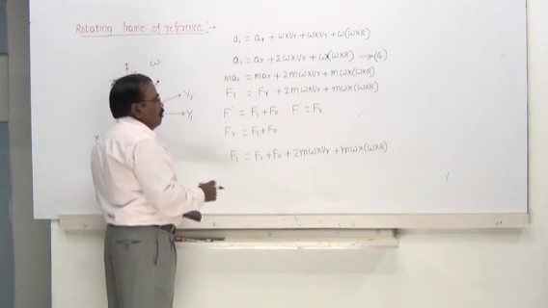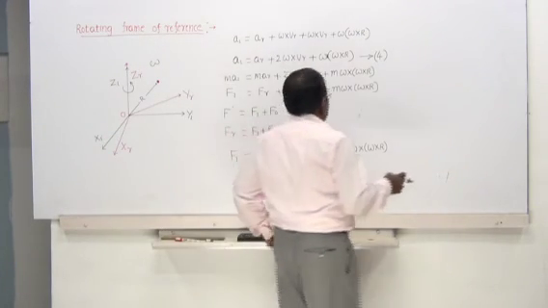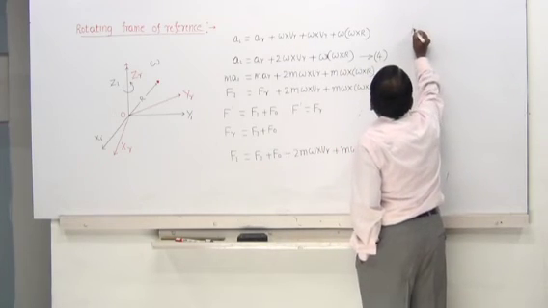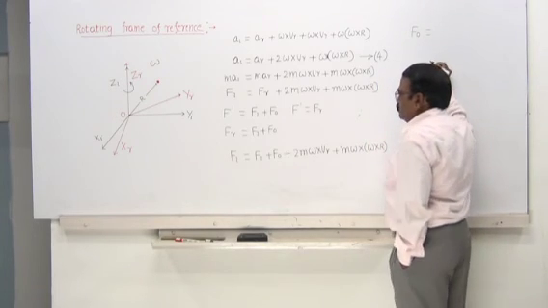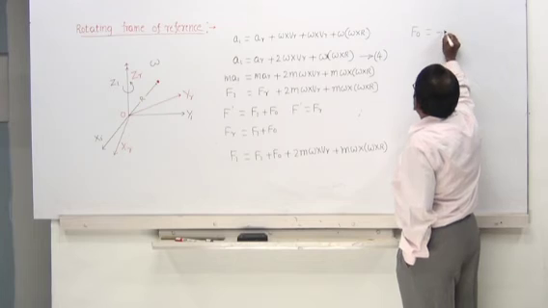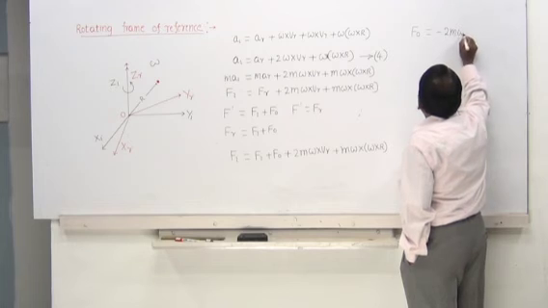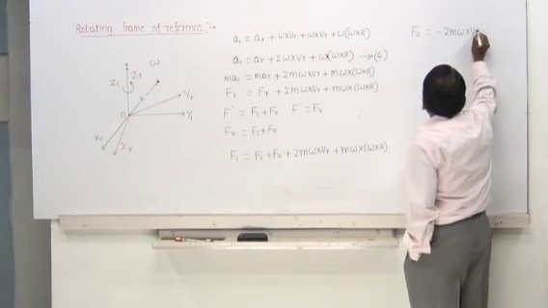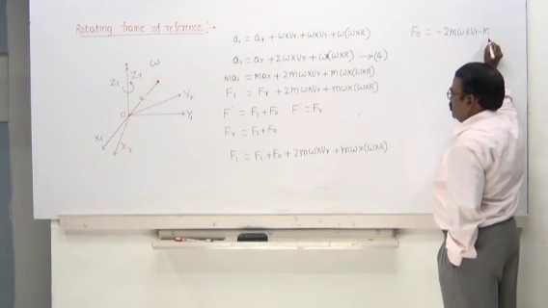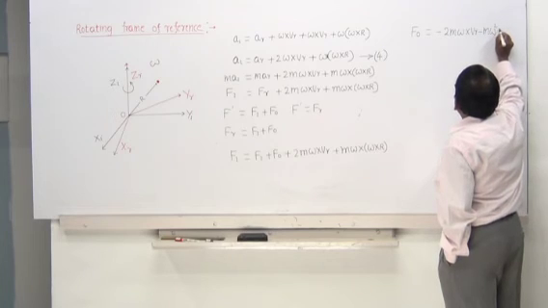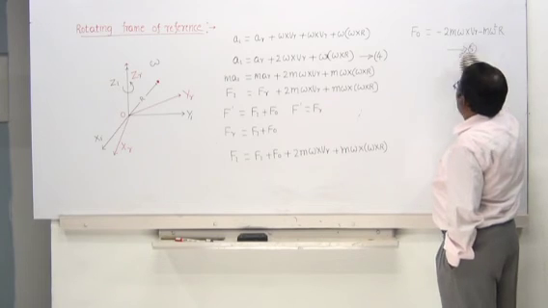Then you know this Fi cancels. Then what remains? Fo, the fictitious force, is equal to minus 2m omega into Vr minus m omega square into R. Call this equation 5.